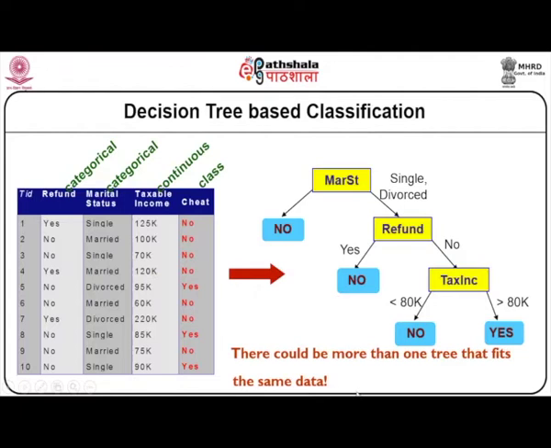As I have already told you, this condition is being applied to individual attributes. Say, I can start constructing taxable income as the root of the tree, marital status as the root of a tree, and refund as the root of a tree. Likewise, I can construct 3 different trees, recursively they will be processed, and the best out of which is identified for further processing.